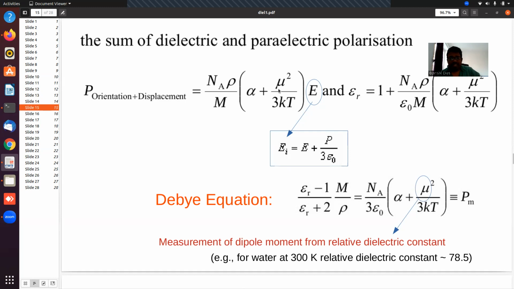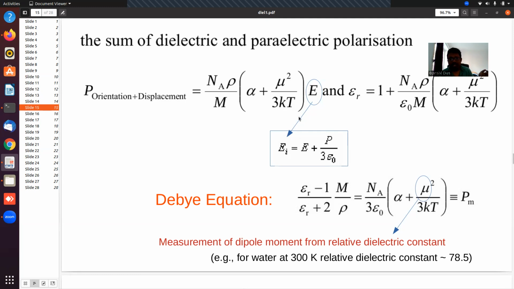Now for this electric field, we have to use not the external electric field. We still have to use the local electric field, because to orient, the molecule will feel that local electric field, not the external electric field.